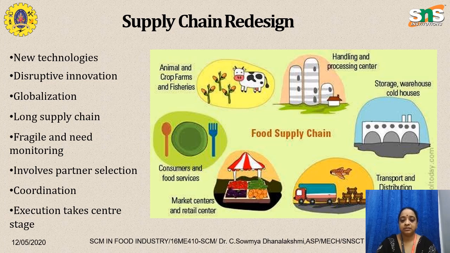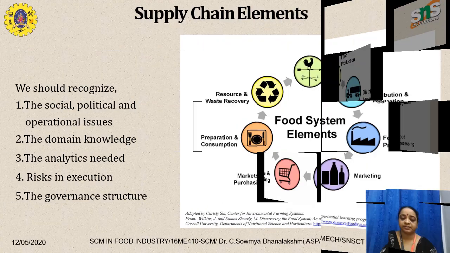In this supply chain network, we have all the points which are very essential for food industries: animal and crop farms and fisheries, handling and processing center. This is a generic supply chain design or network for the food industry.